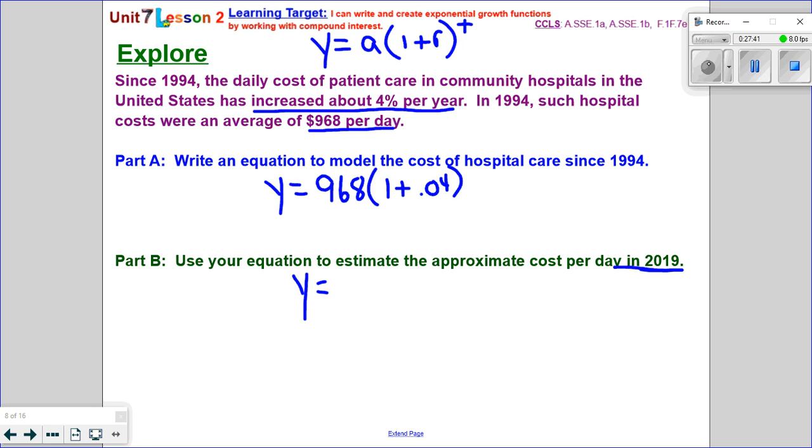All right. Here we go. Sorry I yelled there. I'll try not to be too excited. It says write an equation to model the hospital care since 1994. Since this is in 1994, the initial value is the 968.